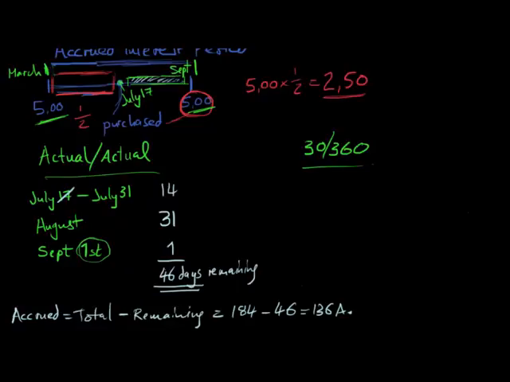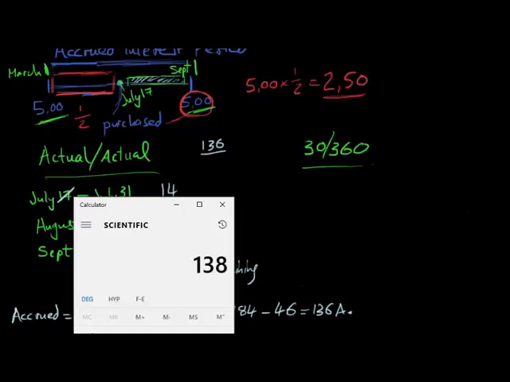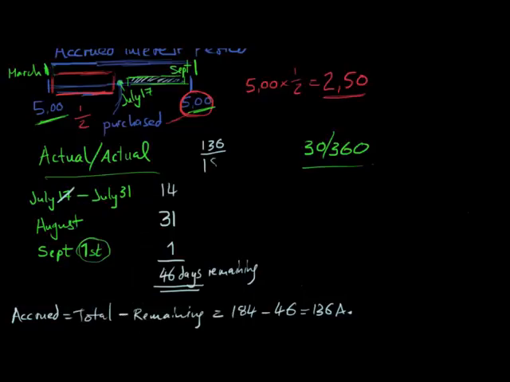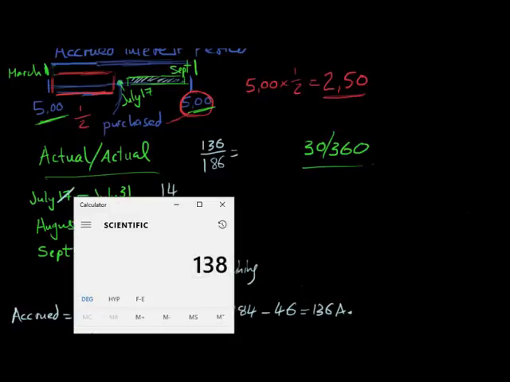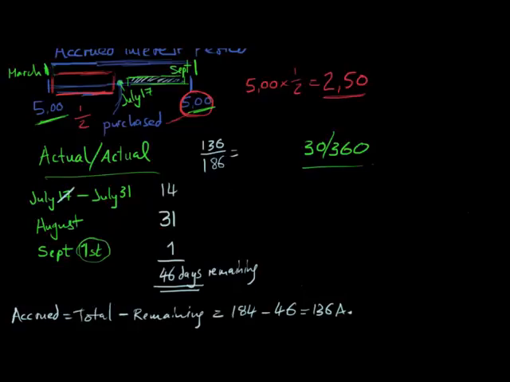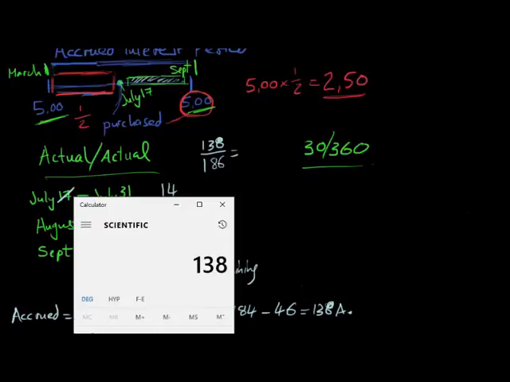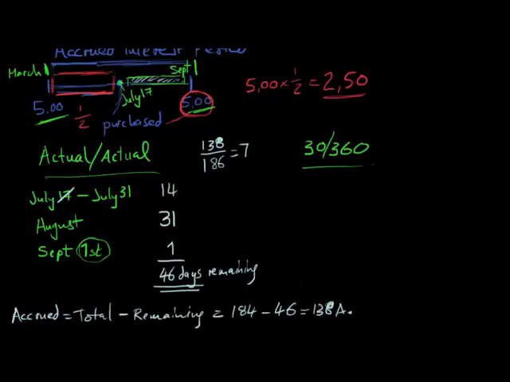So 136 divided by the 184 total, the percentage of accrued interest is, oh sorry, it was 138 divided by 186 equals 74.19% of the interest is accrued.